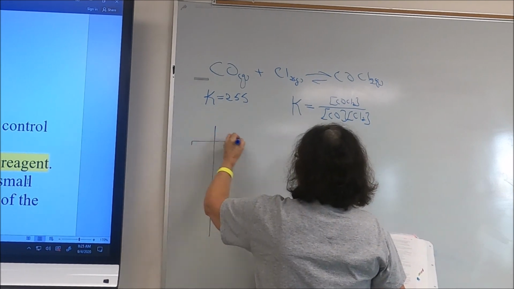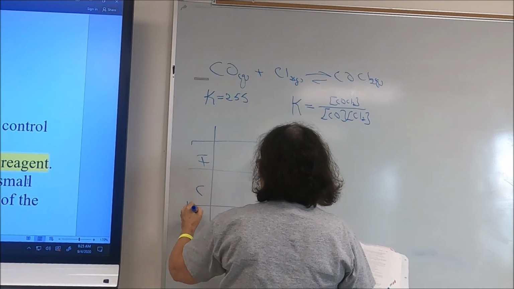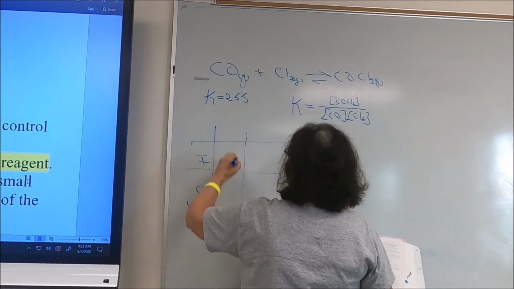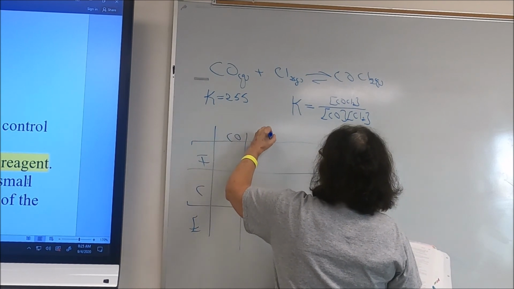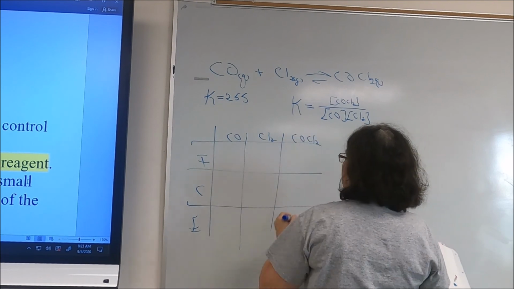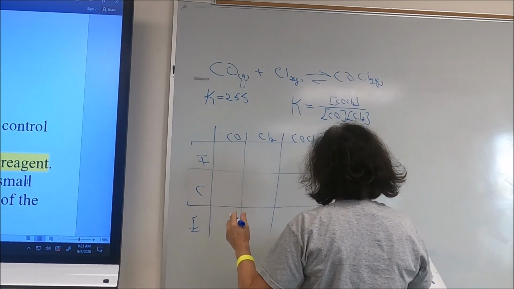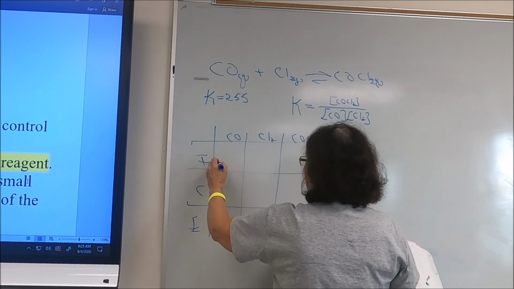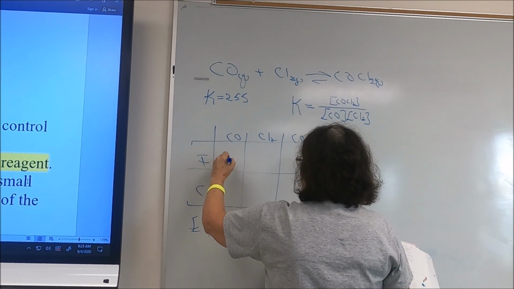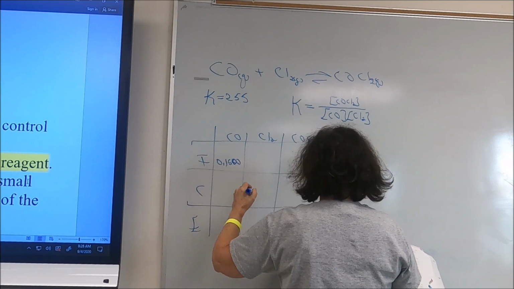I'm going to go ahead and draw my ICE chart. Carbon monoxide, chlorine, carbon monoxide dichloride. Now, we're told that the initial concentration of carbon monoxide is 0.1500 molar.